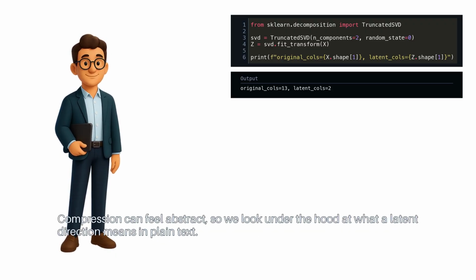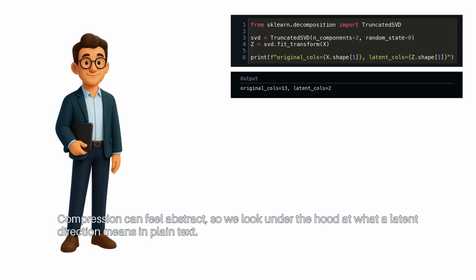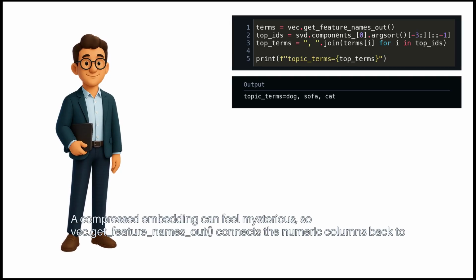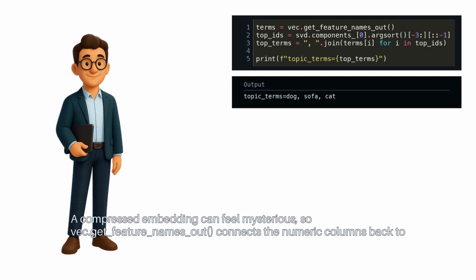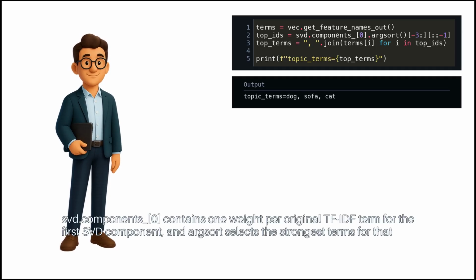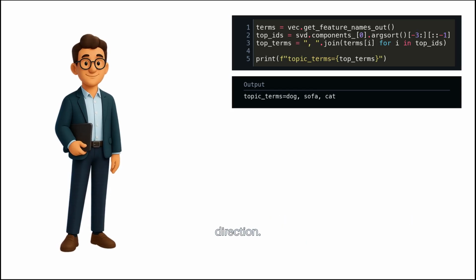Compression can feel abstract, so we look under the hood at what a latent direction means in plain text. This code inspects what the first latent direction is paying attention to. A compressed embedding can feel mysterious, so vec.get_feature_names_out connects the numeric columns back to readable terms. svd.components_ contains one weight per original TF-IDF term for the first SVD component, and argsort selects the strongest terms for that direction.